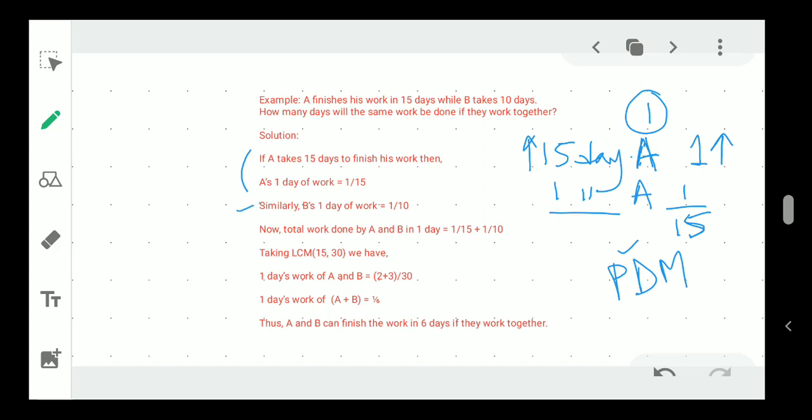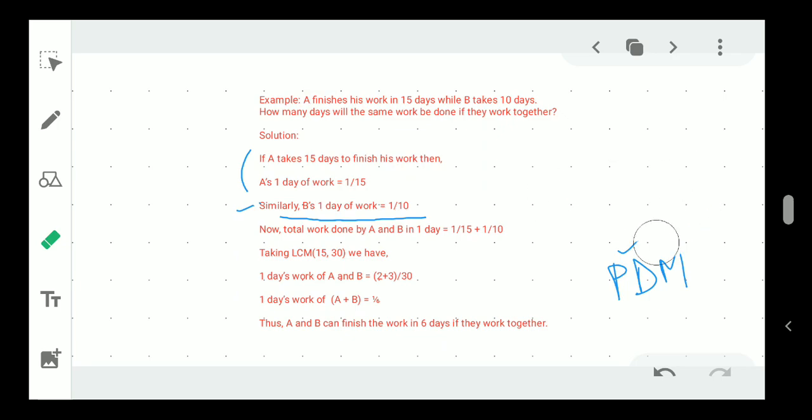Similarly we have seen here that B has done 1 by 10 portion of a work in one day. Out of 10 he will be doing only one portion in this one day. How have we taken it for B? Similarly, say B takes 10 days to complete a work.